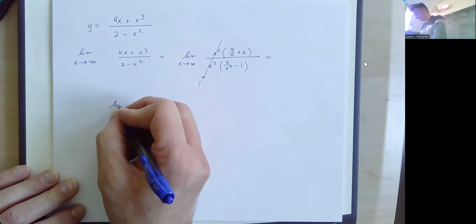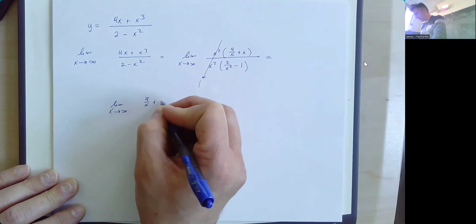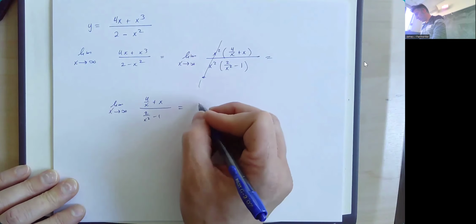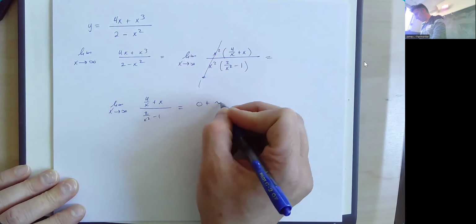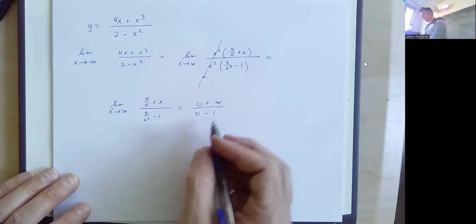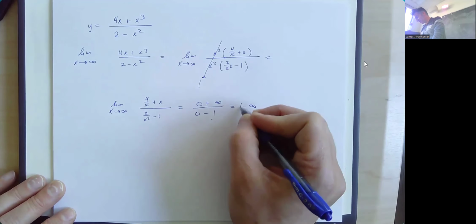So that's going to be the limit as x goes to infinity of 4 over x plus x over 2 over x squared minus 1. And that's going to end up being 0 plus infinity over 0 minus 1, which is infinity divided by negative 1, which is negative infinity.